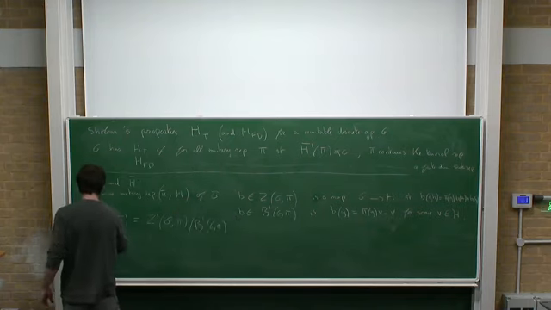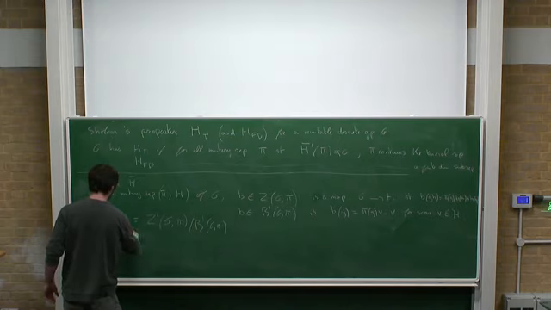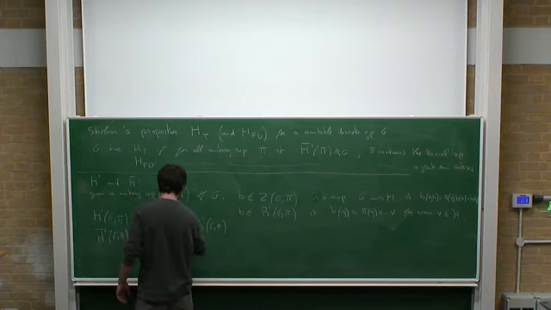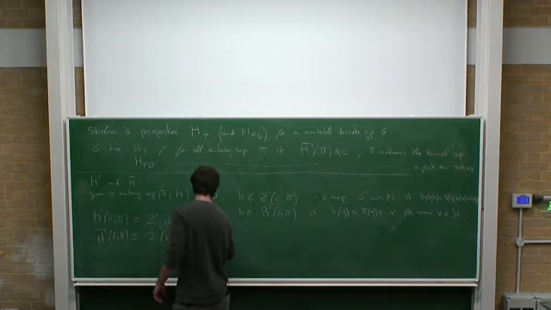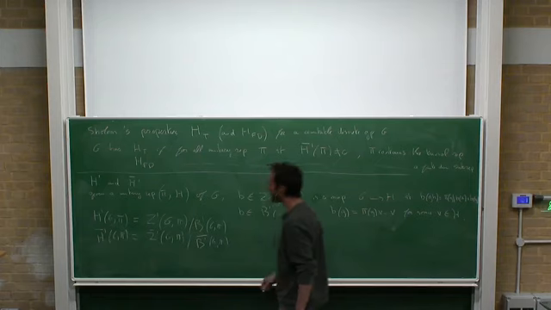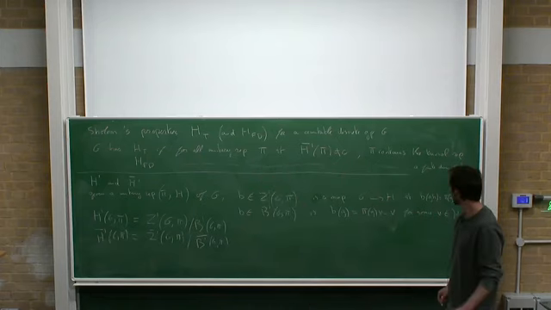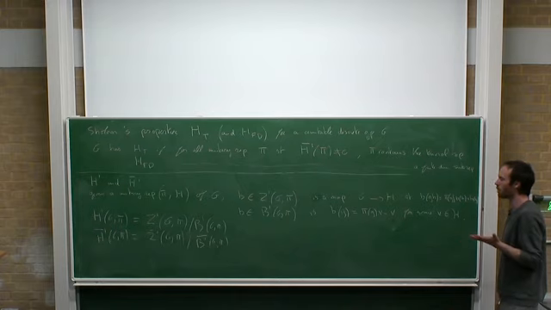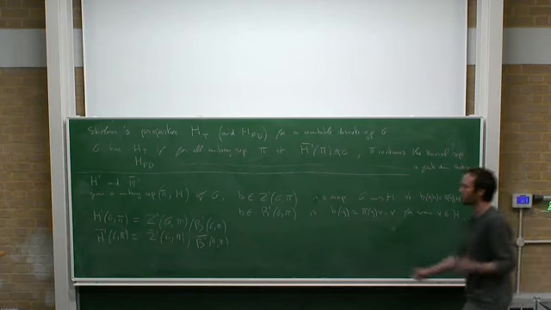And H1 bar, the reduced cohomology, is the quotient by the closure. But by closure, I need to explain what it is. It's simply for the topology of pointwise convergence.